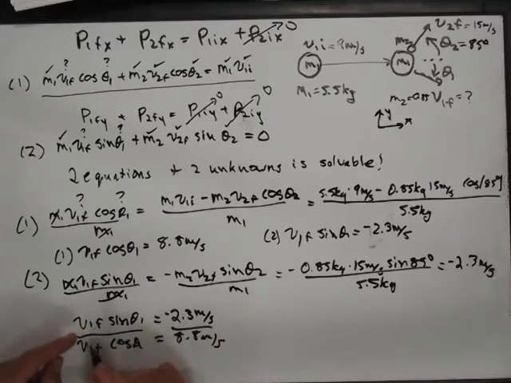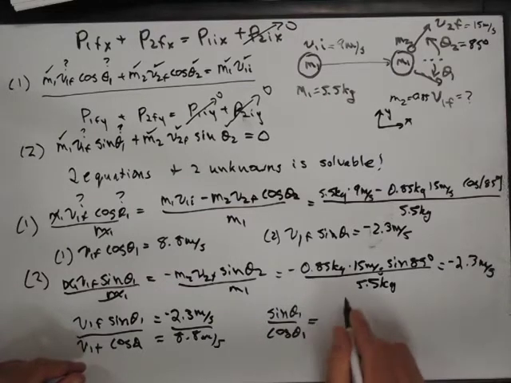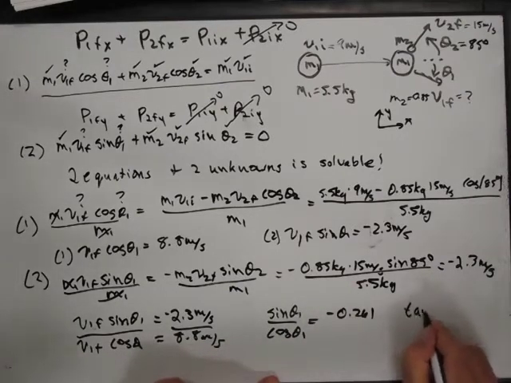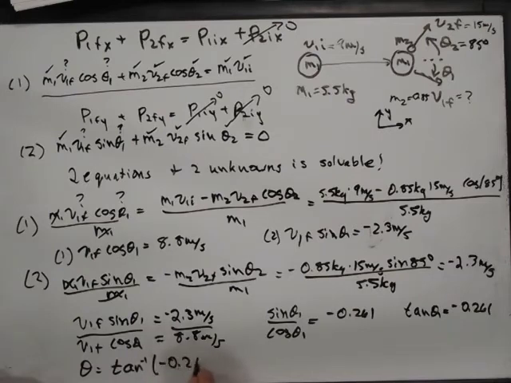So when I do that, these guys cancel, and I get sine theta 1 over cosine theta 1 is equal to minus 0.261. Sine over cosine is tangent, so tan theta 1 is equal to minus 0.261. Then theta 1 is equal to the inverse tangent of minus 0.261, which is minus 14.6 degrees.